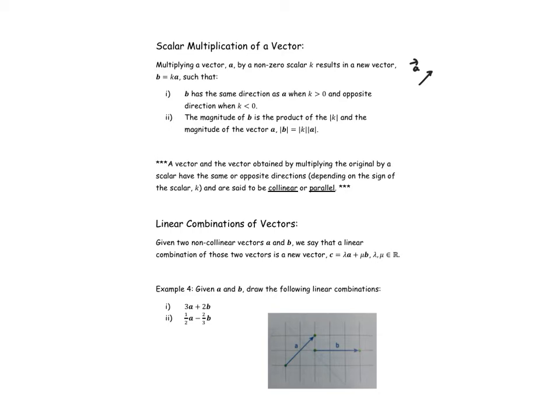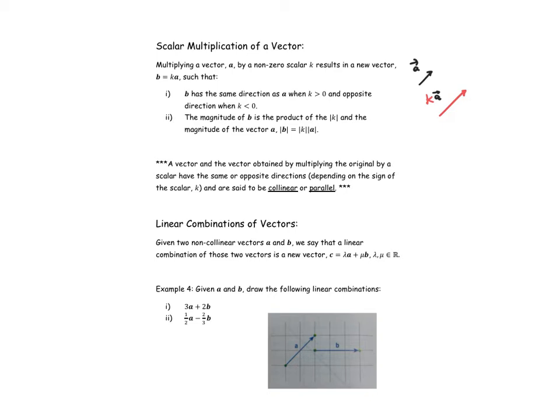I don't have endpoints for this, but here's vector a. If I multiply a times k, and let's say k equals 2, that would look like this. Same direction, different magnitude, right?